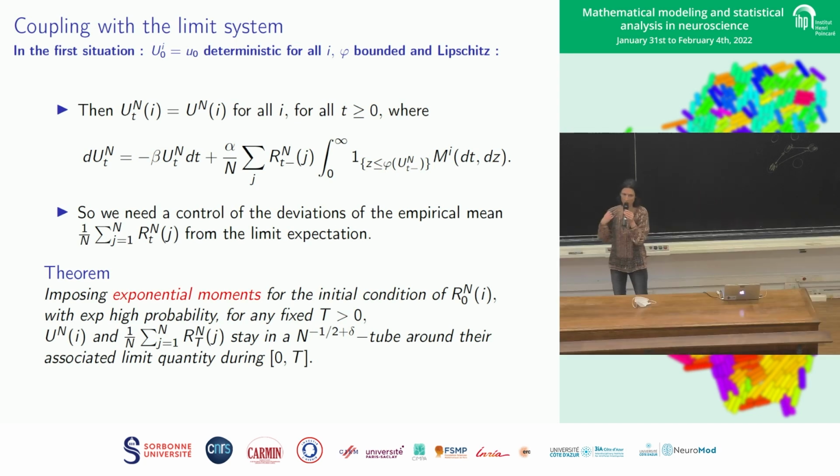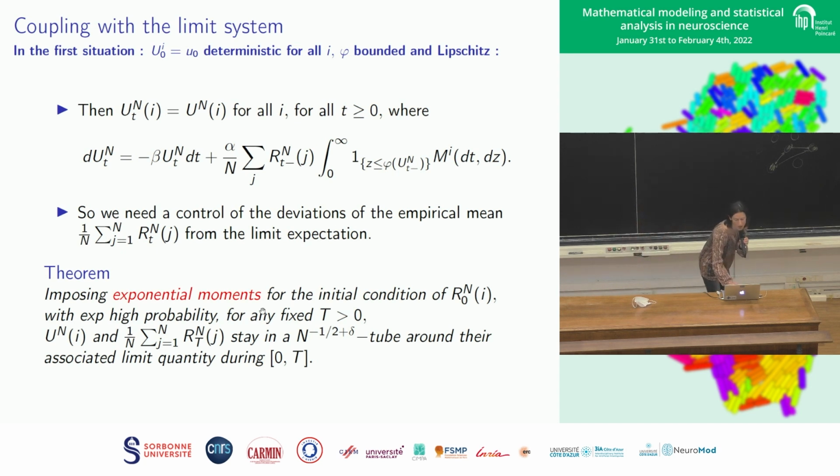And so we need a control on the deviations of this empirical mean from the limit expectation. And to do so, we use Bernstein deviation inequalities for discontinuous martingales. And this is actually a kind of classical tool which really applies.